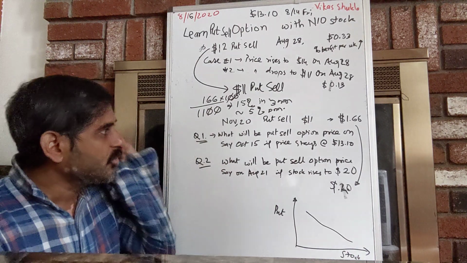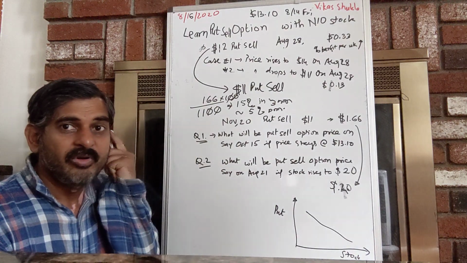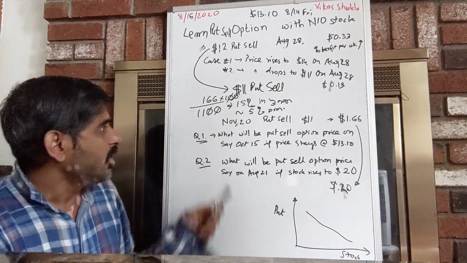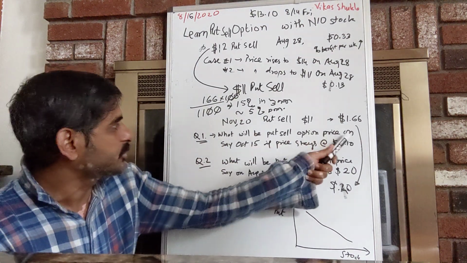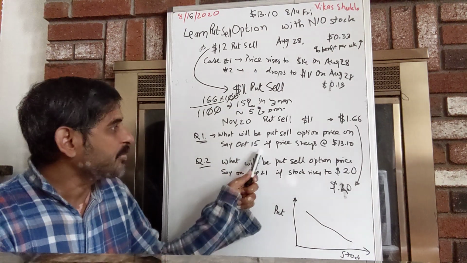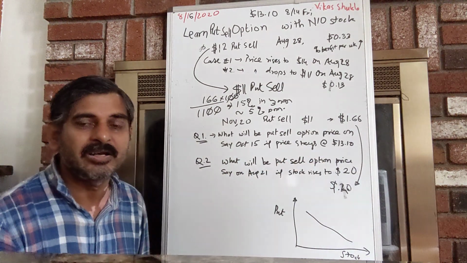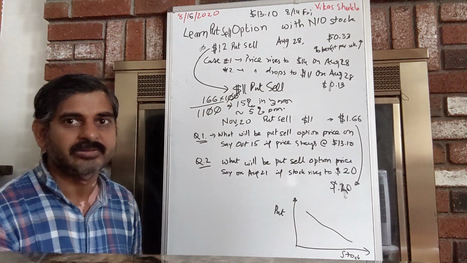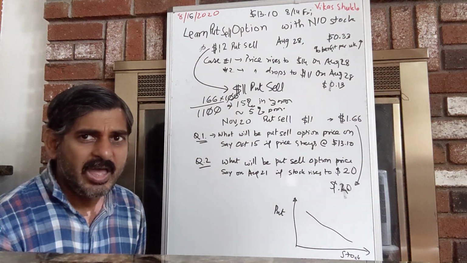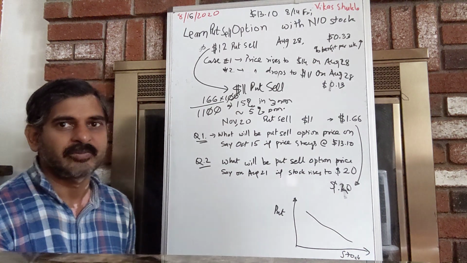That brings me to the second question, the time movement of the stock options. What will be the put sell option price, say on October 15, if the price stays at $13.10? Think about it. Maybe pause this video and critically analyze this.